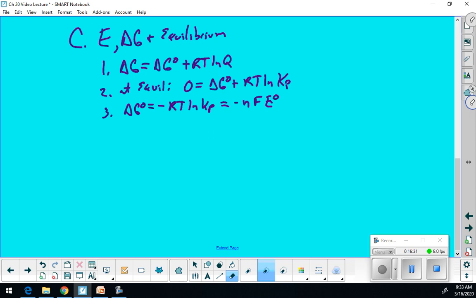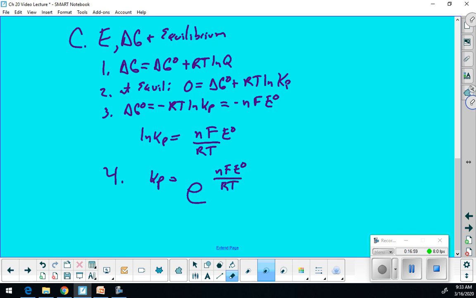Let's divide both sides by negative RT, so my natural log of Kp is equal to nF over RT. You guys buy that? My negatives cancel. nFE° over RT. Take the e of both sides, so my Kp is equal to e to the nFE° over RT, right?